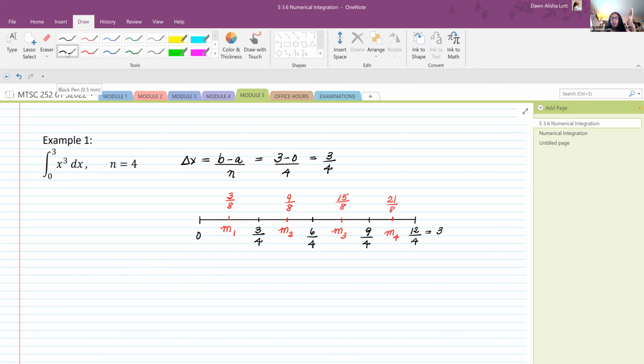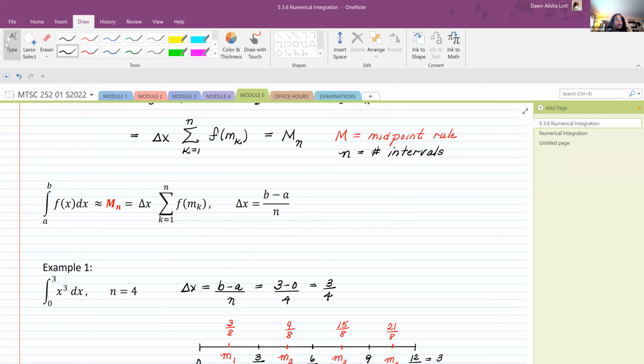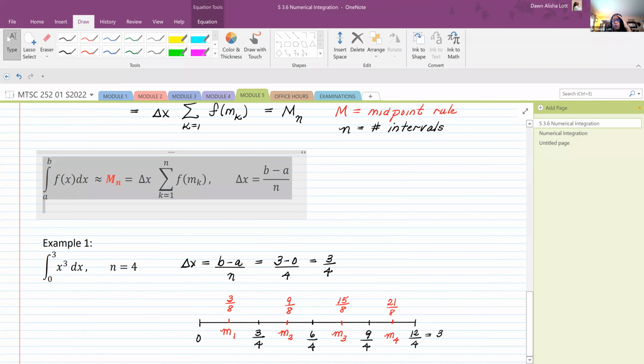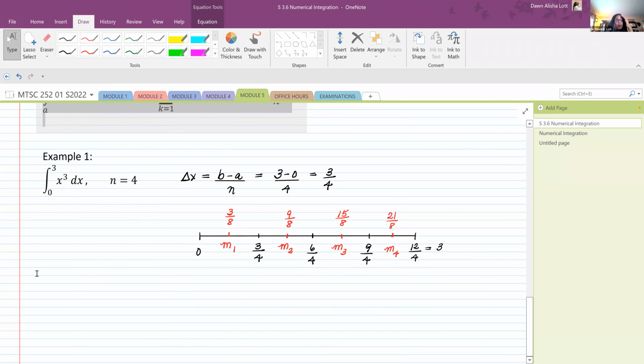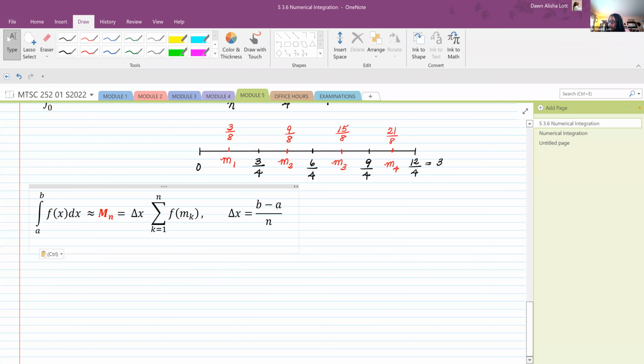I took my interval, I divided it by 4. I found the midpoint of each subinterval. I already know what delta x is. So here's my formula. So M4 for the integral from 0 to 3 of x cubed dx.